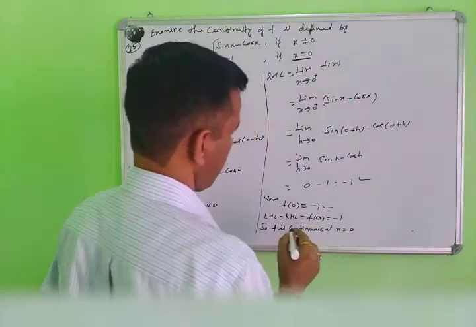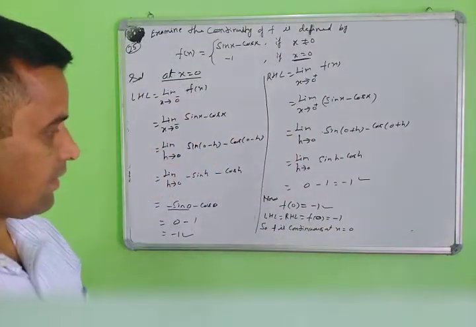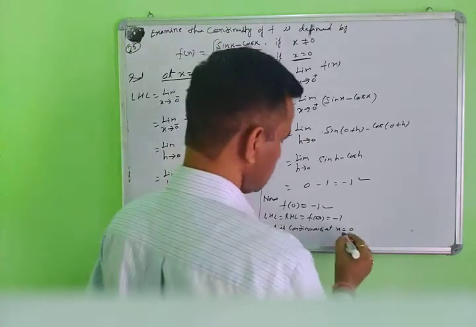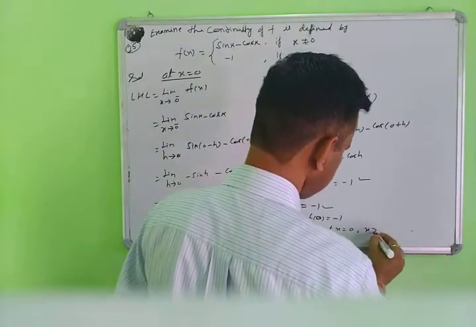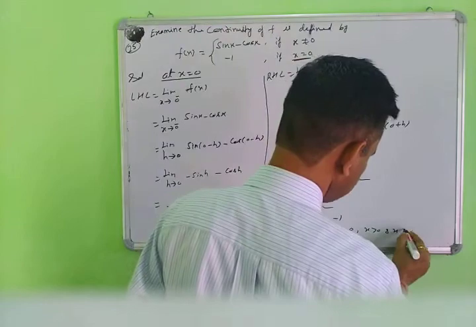Now look here, x greater than 0 and x less than 0. Now at every point you can say f is continuous: at x equal to 0, x greater than 0 and x less than 0.